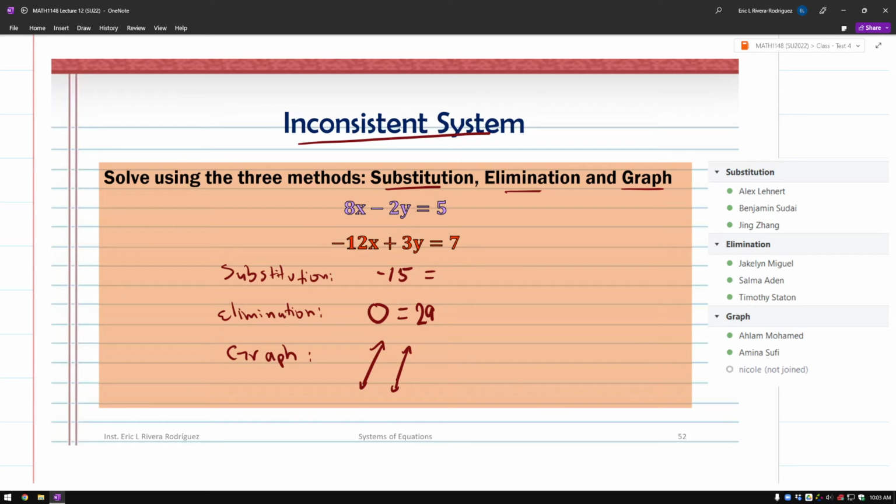Negative 15, negative 15 or 50? So negative 15 or. Okay, perfect.